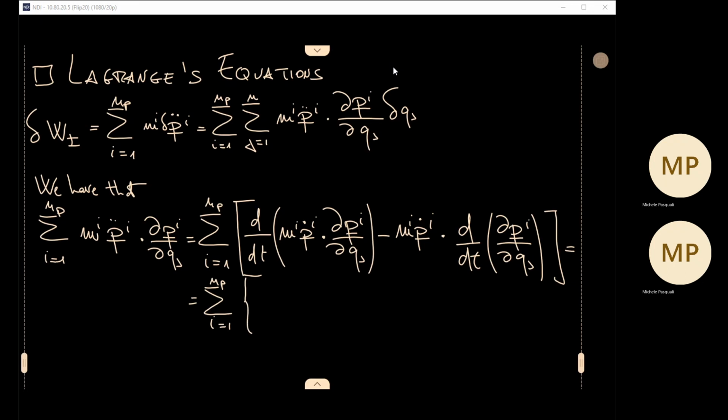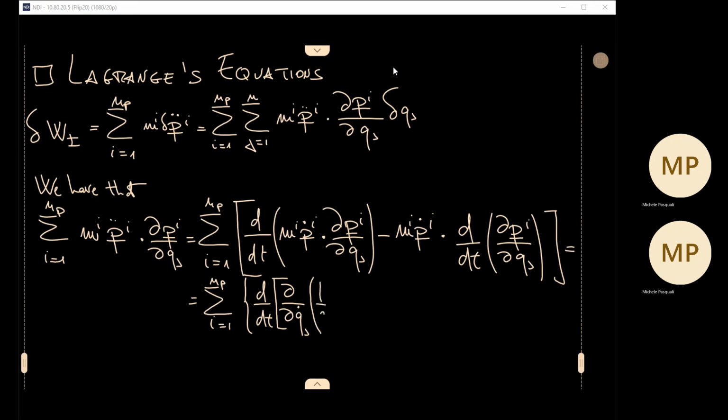Let's introduce another bracket. The time derivative of what? Of the partial derivative with respect to q_j dot of what?